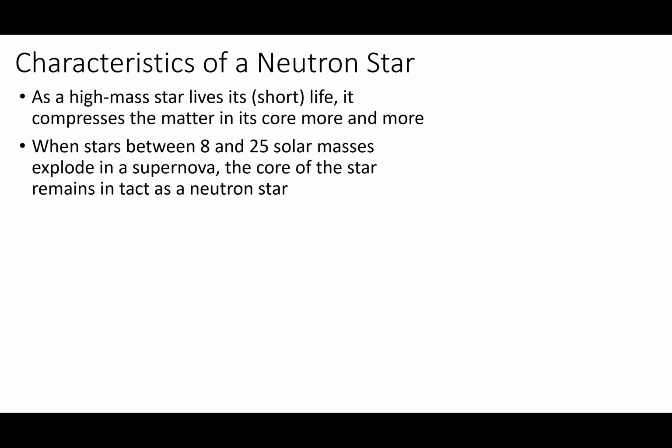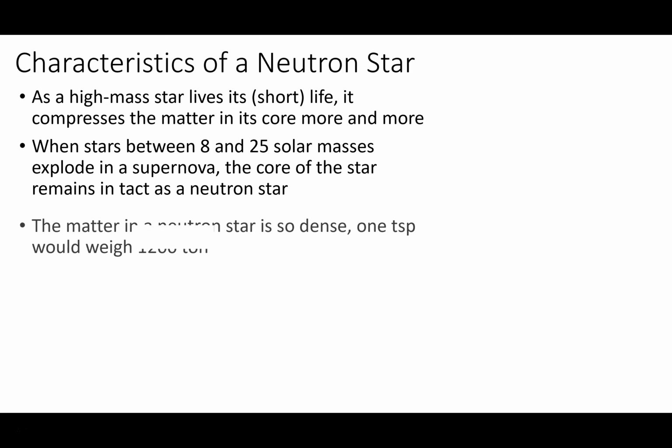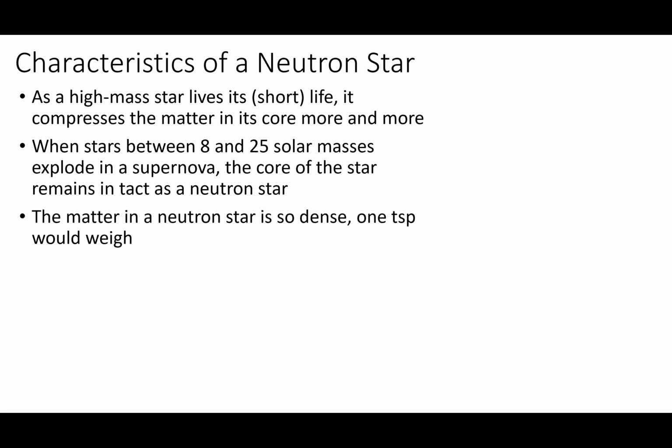So you end up with neutron soup. Oh, the word is supernova up there. So a star between 8 and 25 solar masses is going to explode. It's got to. It's kind of the physics of it. That explosion is called a supernova. And it will leave intact a neutron star.